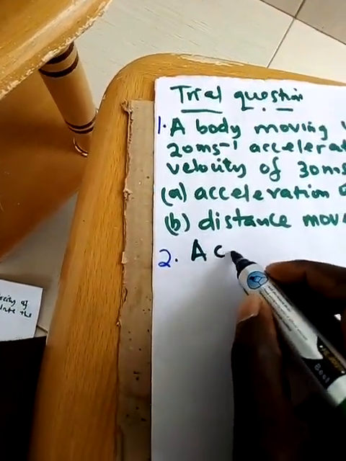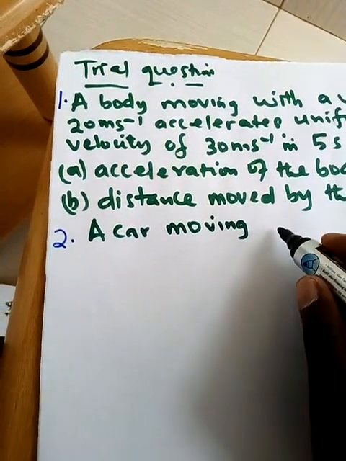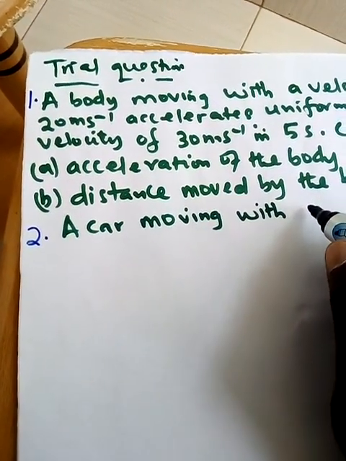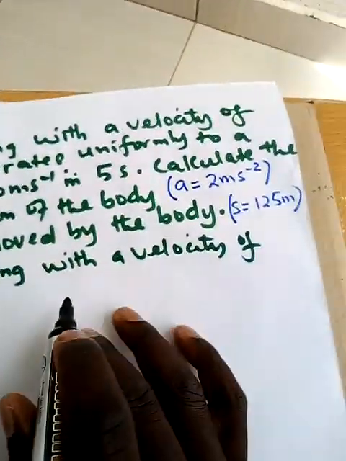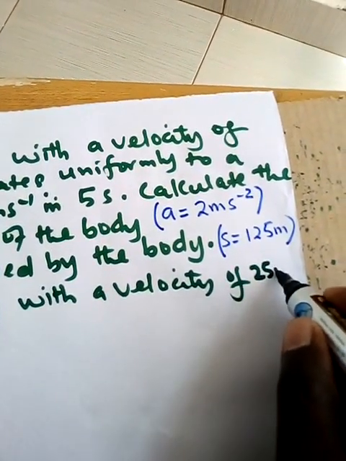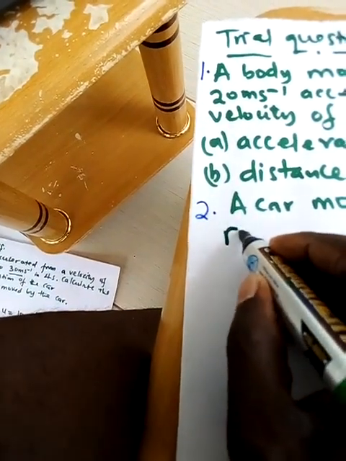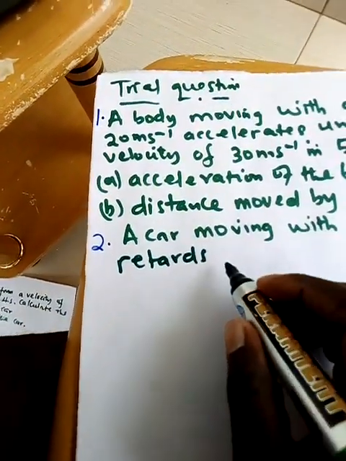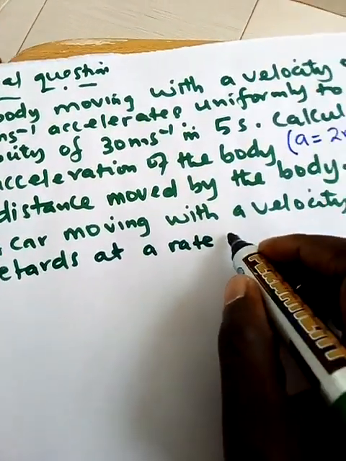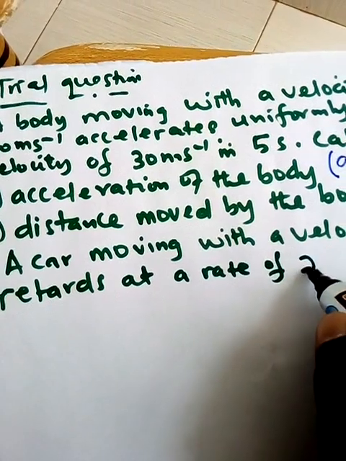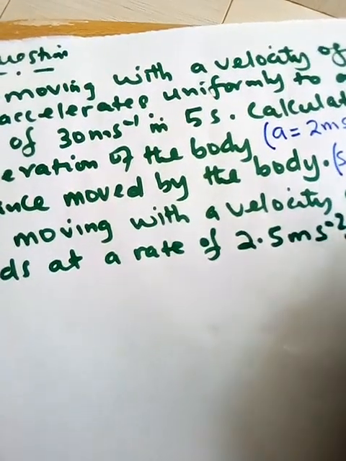It says a car moving with a velocity of 25 meters per second retards at a rate of 2.5 meters per second squared, full stop.